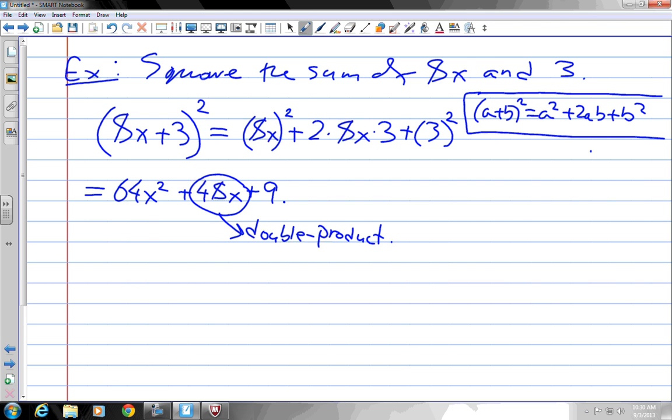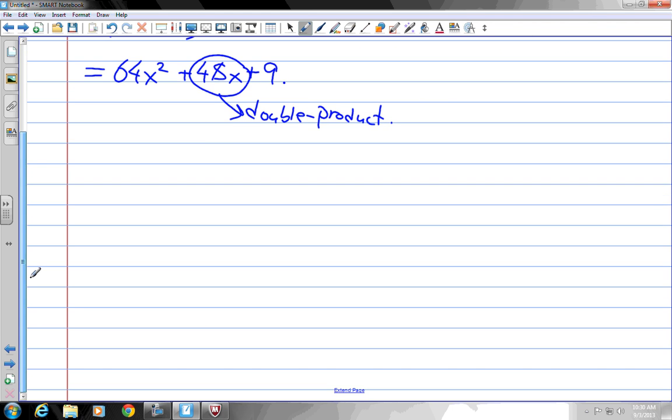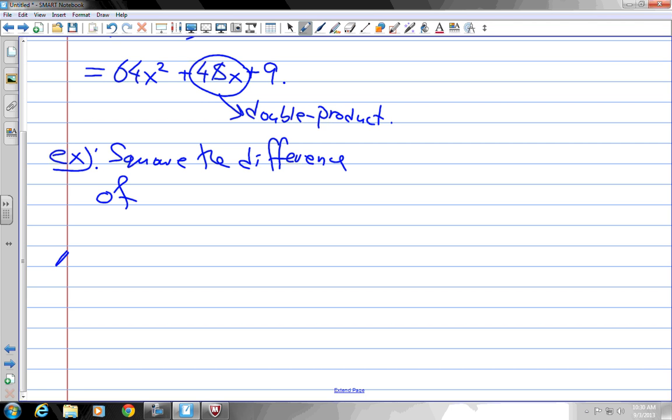All right, let's try another one. Square the difference of, what do I have here, 10x and 7y.